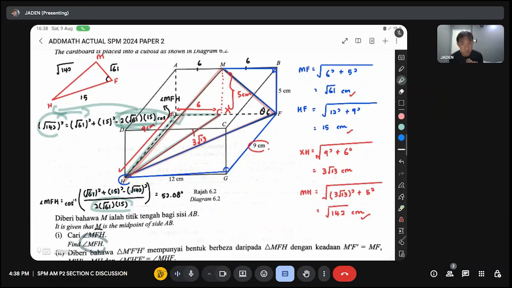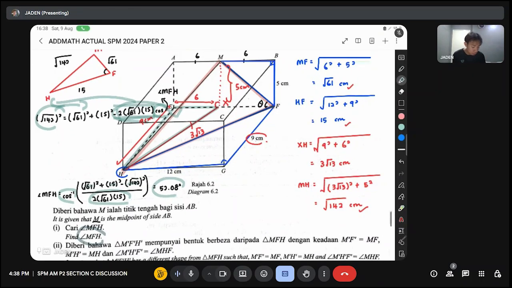So it becomes division. And then why there is a cos⁻¹ at the front is because in the end I also have to move the cos to the other side. I press shift cos. So that is how I end up with 52.08. If you actually learn this topic, you understand what I'm sharing right here, right? So that is how you get angle MFH.